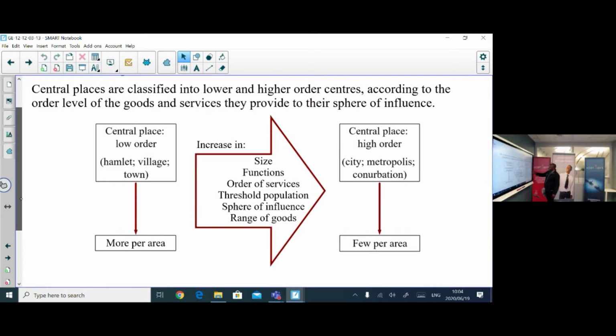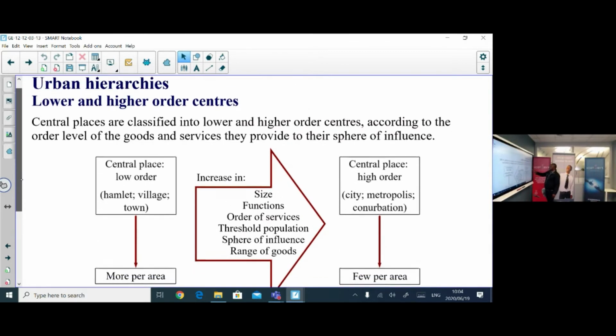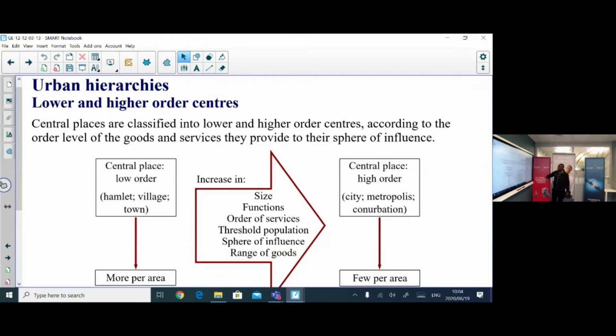Let's look at this. This is actually lower and higher order centers. Central places are classified into lower and higher order centers according to the order level of the goods and services they provide to their sphere of influence. So what are the central place low order? When we talk of the central place low order, we are talking of hamlets, villages, and towns.